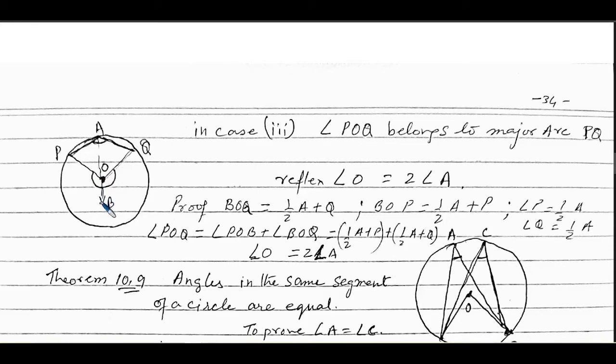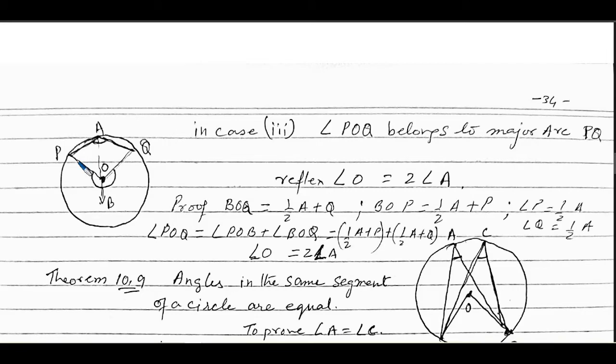Suppose I extend this to B, then this becomes an exterior angle. So the exterior angle is half of A plus Q, and similarly for this triangle it will be half of A plus P.